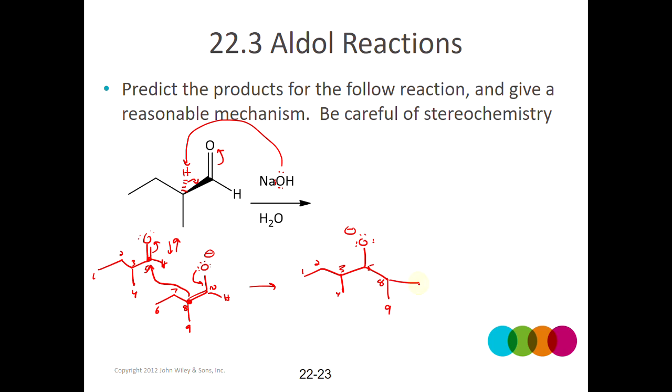It's connected to 6 and 7. And it's connected right here to 10. And these electrons are swinging back down to make a CO double bond for 10. Then I would expect this to pick off a proton from the water, and that would give me the product.